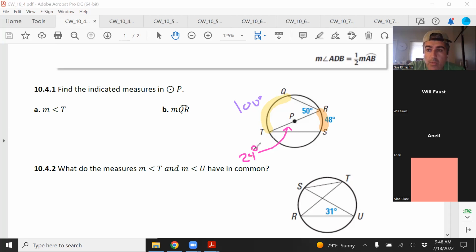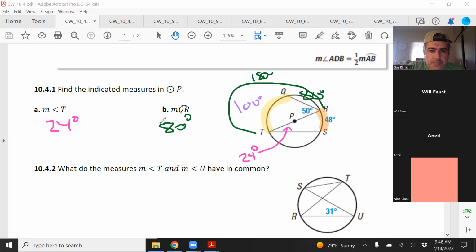So angle T is 24 degrees. Arc QR: if you think about it, if I go from here all the way to here, that's a semicircle, it's 180. So arc QR is going to be 80 degrees. There we go.